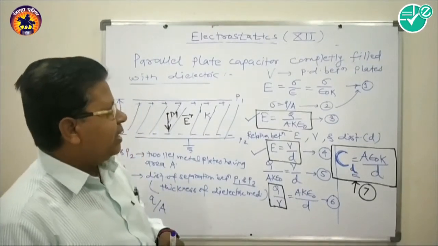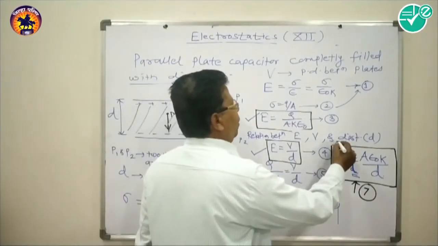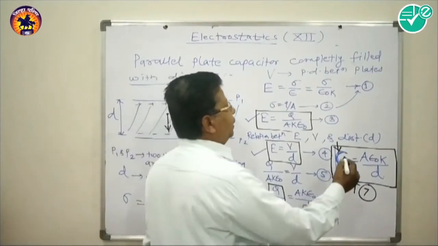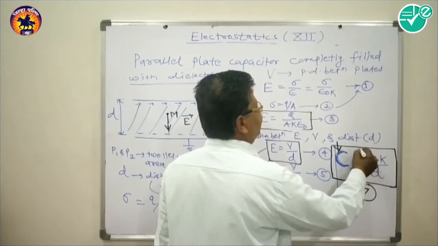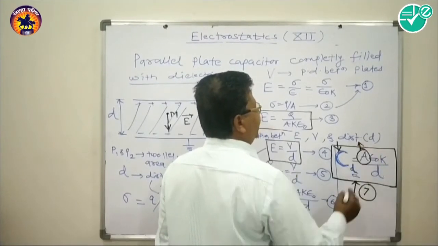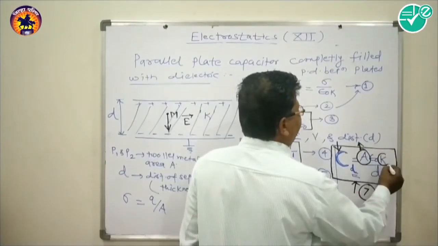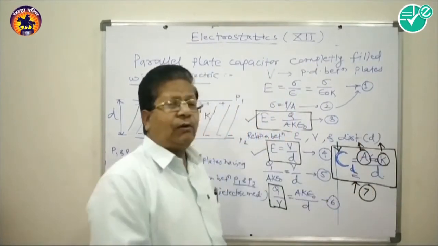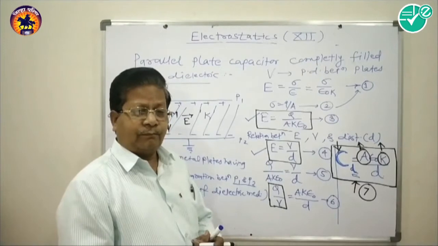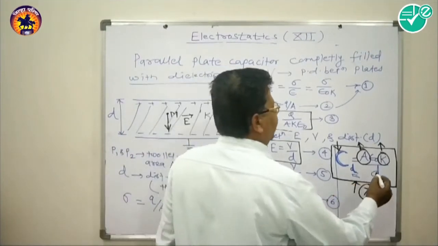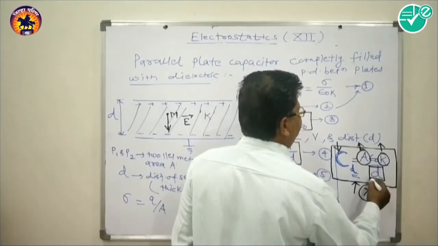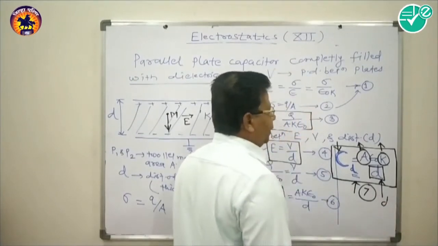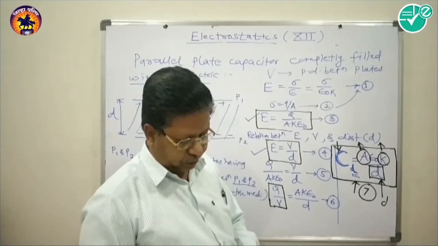Or we may say that this capacity can be increased by increasing the area of each plate, or by increasing the dielectric constant K of the medium, and by decreasing the separation between the two plates.